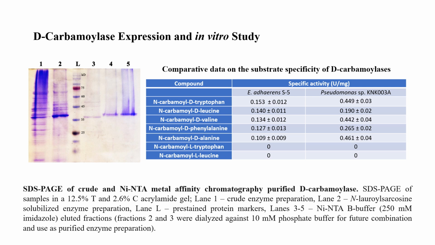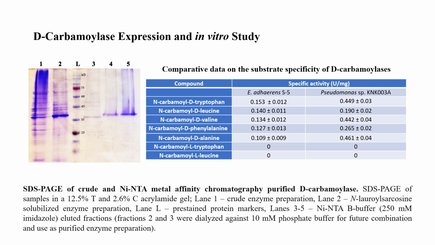SDS-PAGE confirmed the expected subunit size of 39 kilodalton, and the tetrameric form of the enzyme was about 148 kilodalton. Next, we performed enzyme activity assays using the same N-carbamoyl D-amino acid substrates from our docking study.